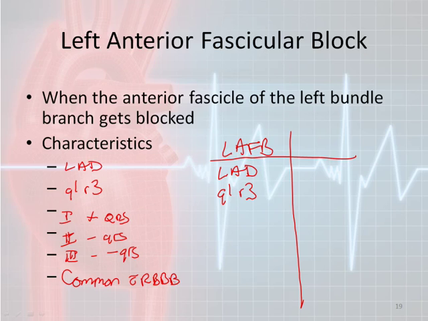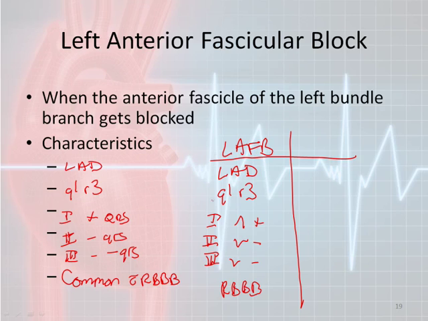So to complete our little T-square over here, leads 1, 2, and 3 are going to be positive and then negative, and commonly associated with right bundle branch blocks. Now if you remember the anterior fascicular block criteria, then you're not going to have a problem with the posterior, and I'll get to that in a minute.